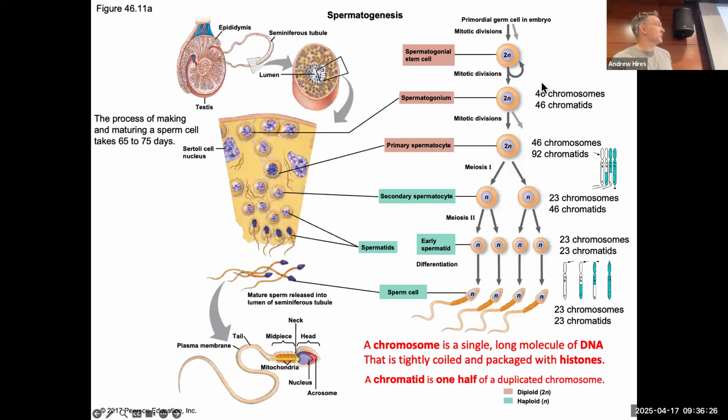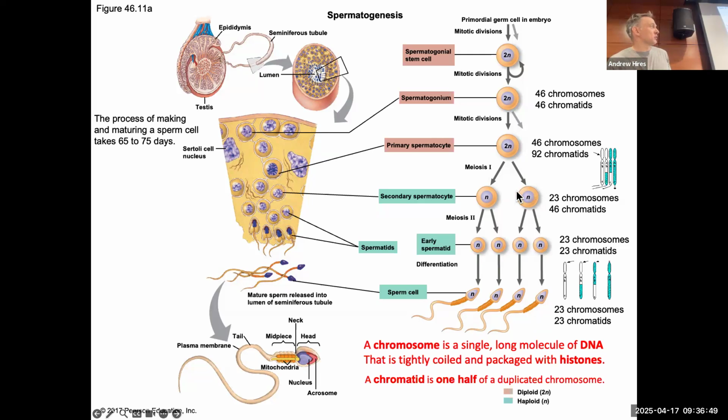So during these mitotic divisions, when you're in the spermatogonium, you have 46 chromosomes, 46 chromatids, so one chromatid per chromosome. Then those are going to duplicate and have sister chromatids. So now we have 46 chromosomes, each with a duplicated copy of itself. You'll have crossing over occur.